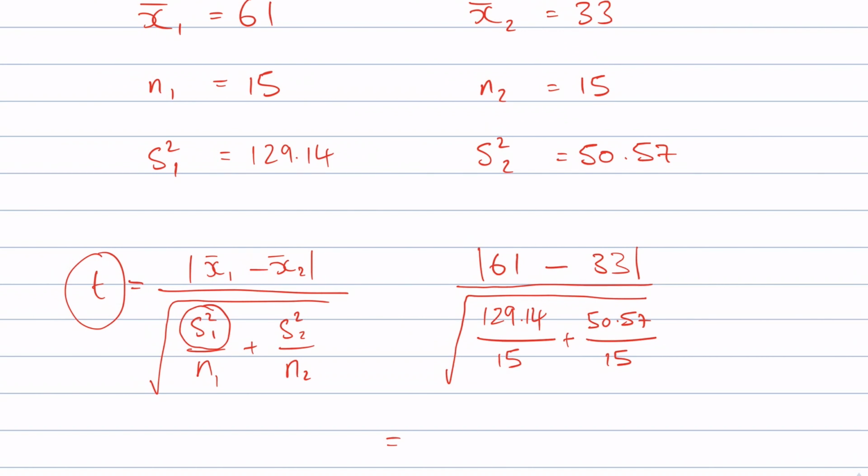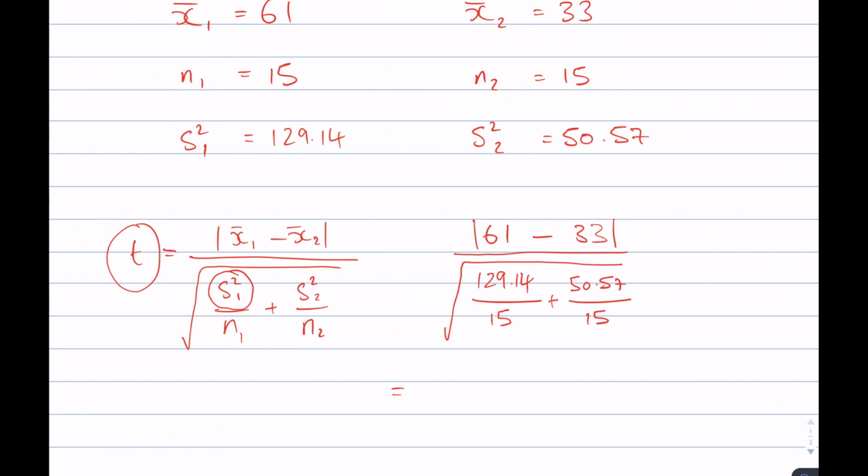So I'd do 61 minus 33, so I'd have 28, divided by the square root of 129.14 divided by 15, which is 8.61, plus, then I'll do the other one, 50.57 divided by 15 equals 3.37. Okay, so I'm not losing track of what I'm doing.